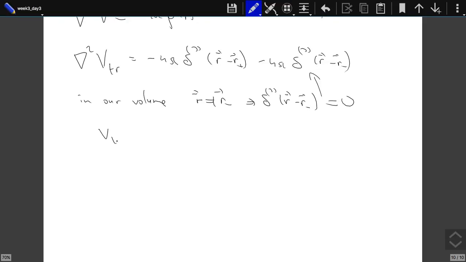So the trial potential is our solution, because it satisfies the Poisson equation in our domain. It satisfies the boundary conditions on the boundary of our domain. Since the solution is unique, it has to be the solution.